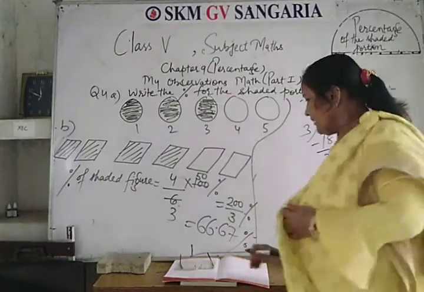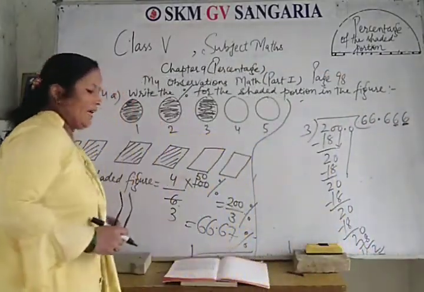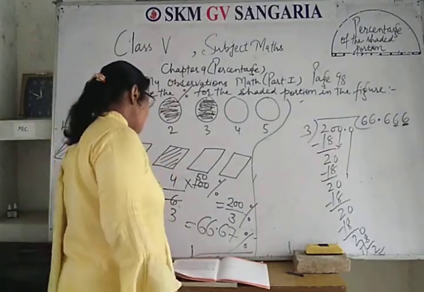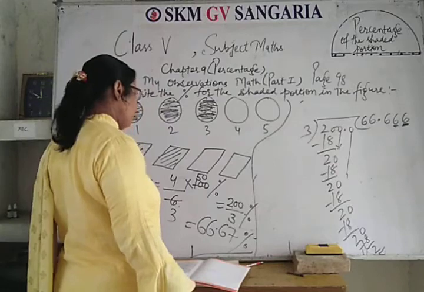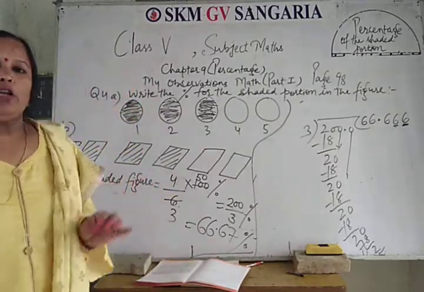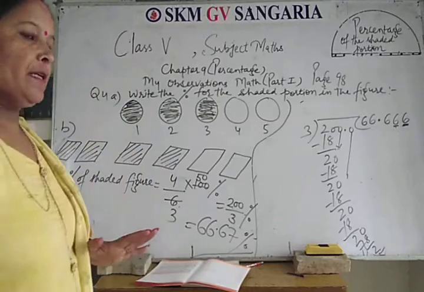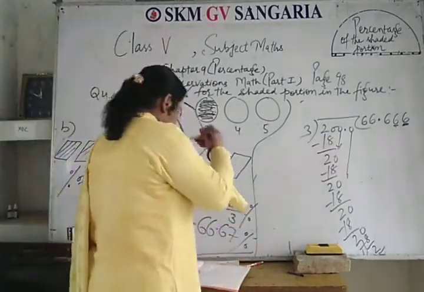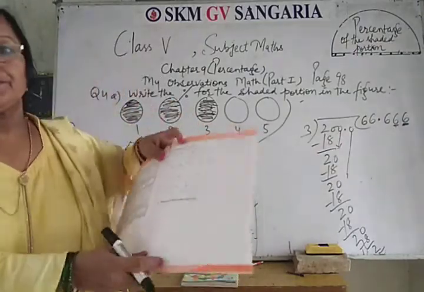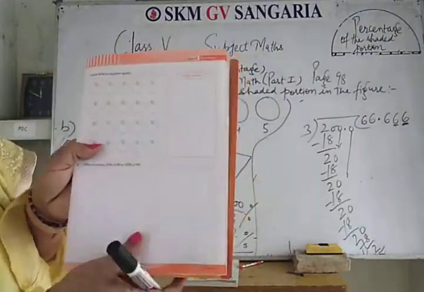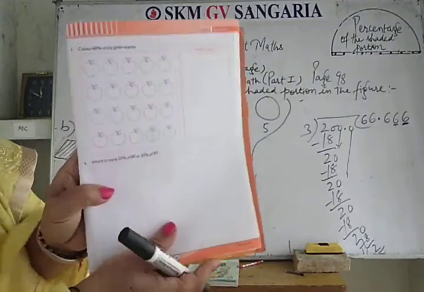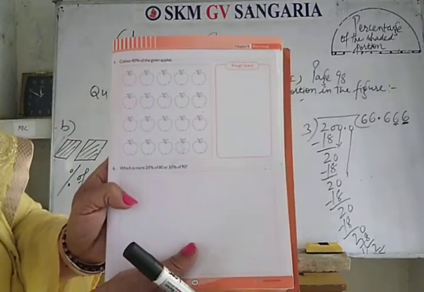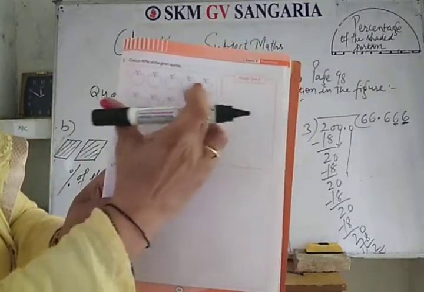Then you will do C and D parts yourself. And please look at question number 5. Color 40% of the given apples. First of all, count how many apples there are.